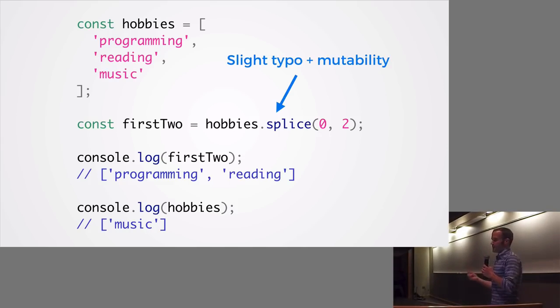I used the splice method accidentally instead of the slice method in JavaScript, which normally just gives you a copy, a new array, with the indices that you specify. Splice is similar, but it will mutate. It will change the original array and just cut out those values from the original array. So this is an instance, very contrived, where subtle issues can happen in our programs and where mutability can trip us up and we don't realize it.